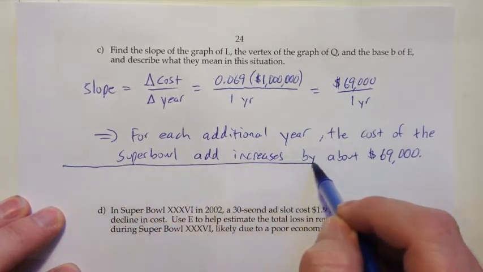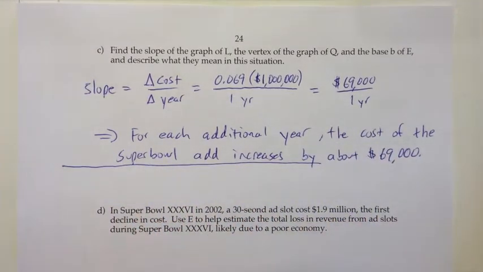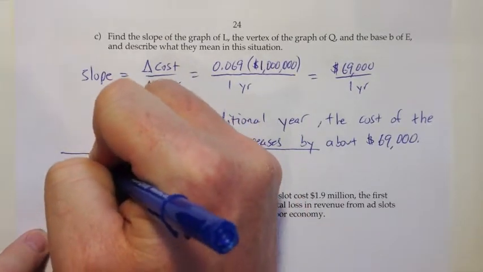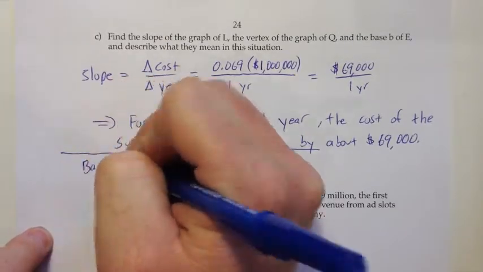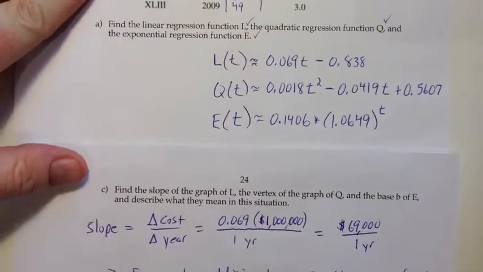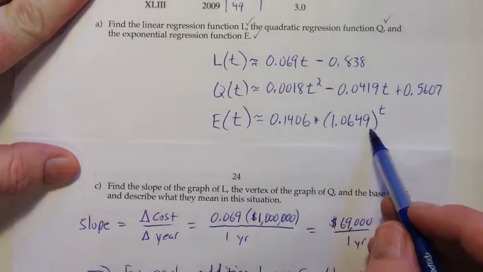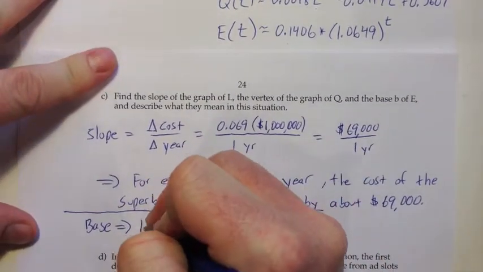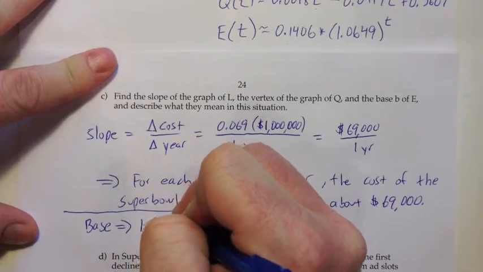Let me go ahead and move to the base, because slope and base are the two that we really care about. So going to the exponential model, the base on that one, if I pull in the equation again from before, the base was 1.0649. So let me go ahead and write that down. The base was 1.0649.